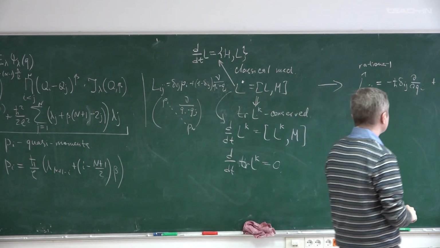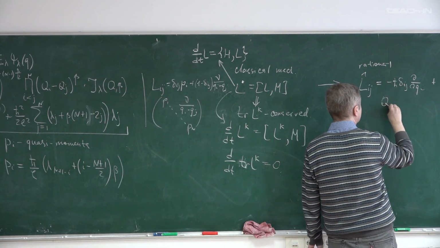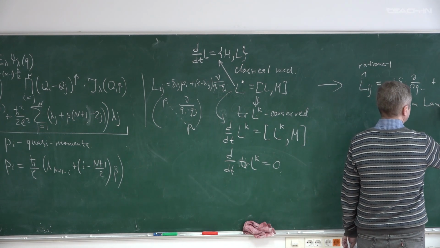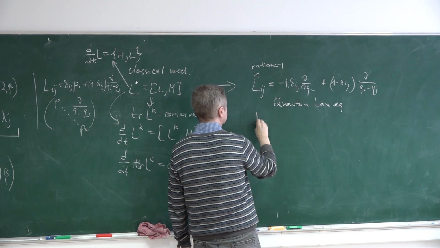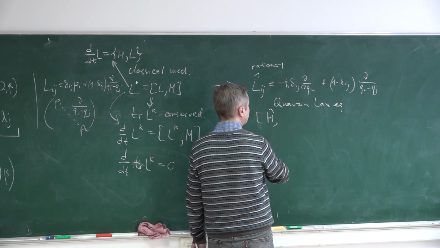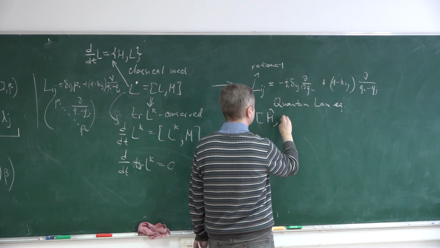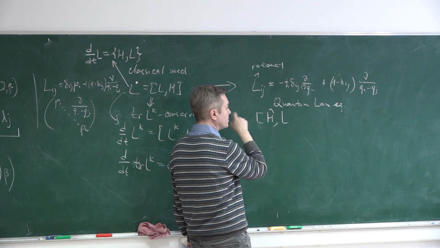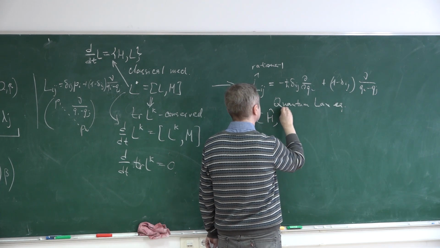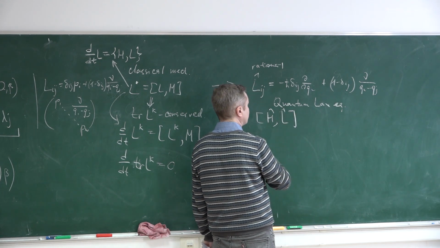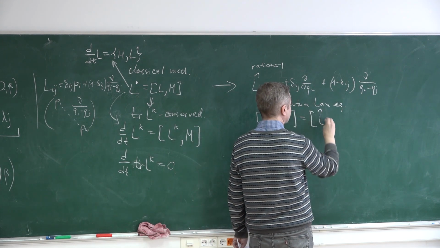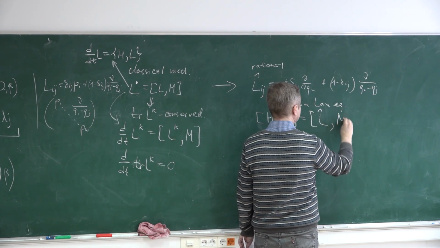And now the quantum Lax equation says that the commutator of the Hamiltonian, acting as just some differential operator, with this L is equal to the commutator of L and M.